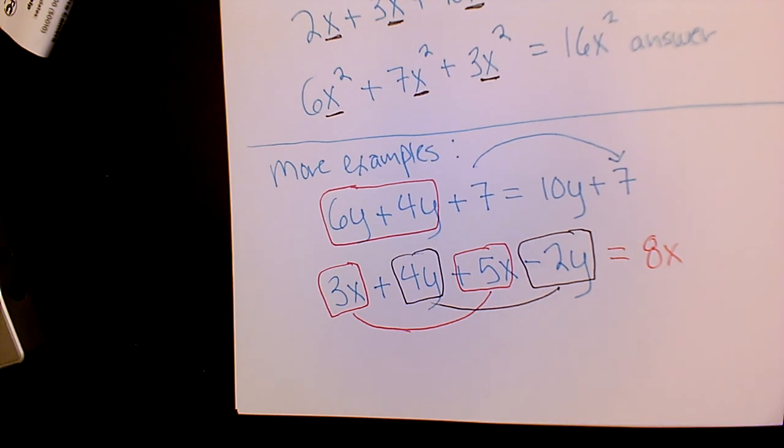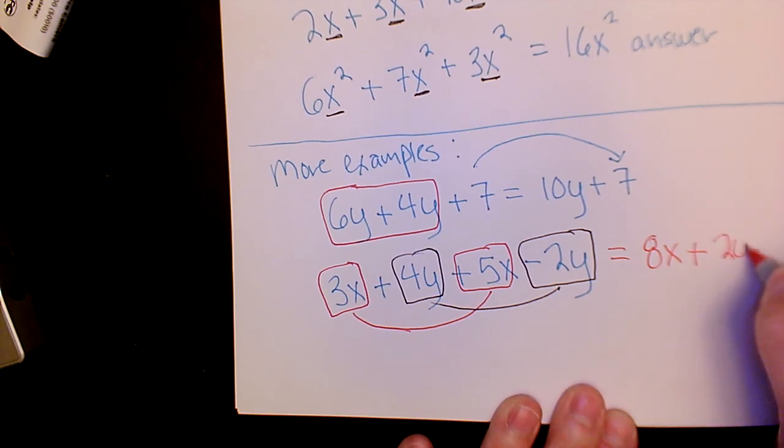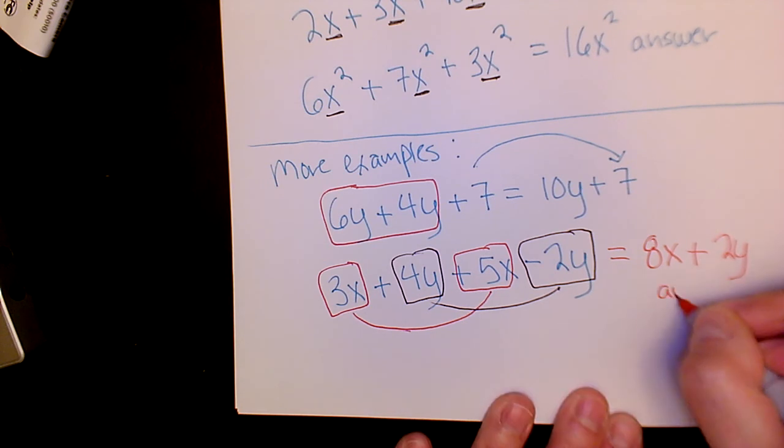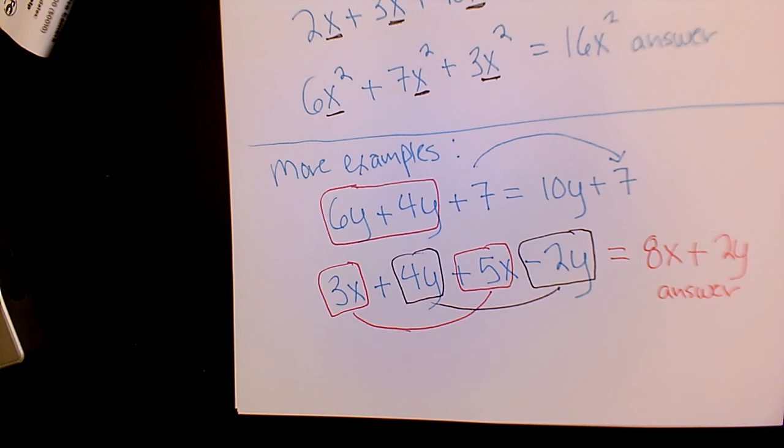What's 4 minus 2? It's 2. So this answer is 8x plus 2y. So we just put the x's together and the y's together.